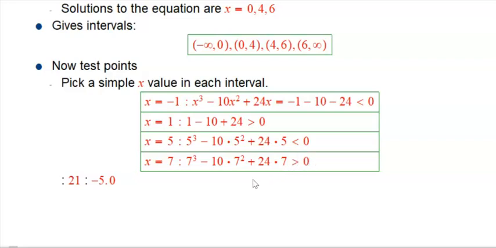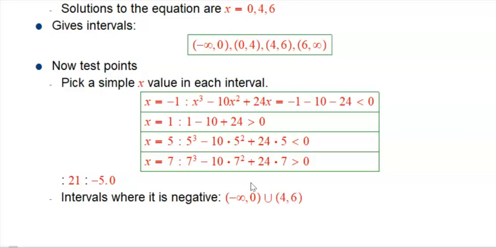So remember that the inequality we were interested in was where it's negative, and we confirm what we got with the computer graph, that it's these intervals on the line.